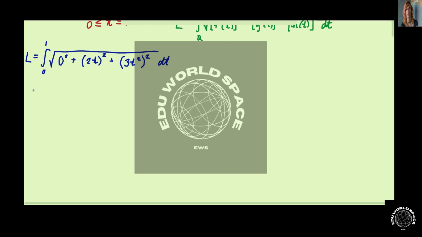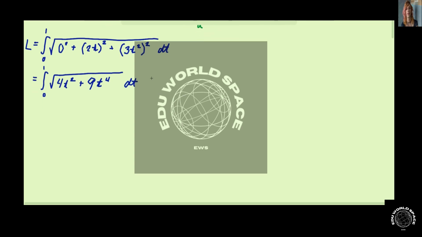Now we'll start simplifying and evaluating this integral. 0 squared is 0, (2t) squared is 4t squared, and the square of 3t squared is 9t to the fourth.